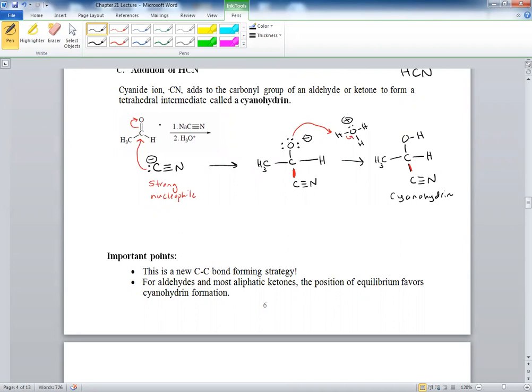The reason this reaction is favored for aldehydes is because an aldehyde is not as stable as a ketone or a sterically hindered ketone.